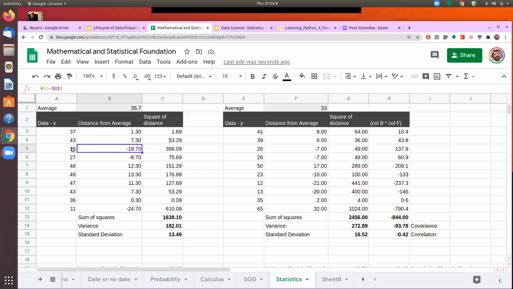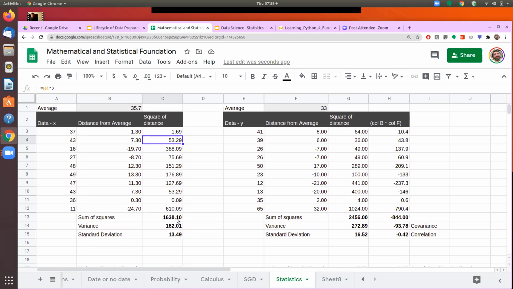So 35.7 is the average, and if the data point is 16, my distance from the average is minus 19.7. Then I take the square of it. As you can see in the formula here, I take the square of whatever is the distance here, and this square is taken to ensure that the plus and minus don't cancel out.